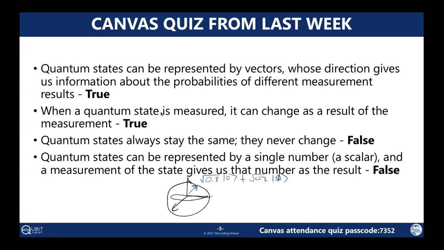And then we could also have a relative phase between these 2 states. And that affects where we are along the equator for this vector. So this is true. You can kind of visualize it on the Bloch sphere.